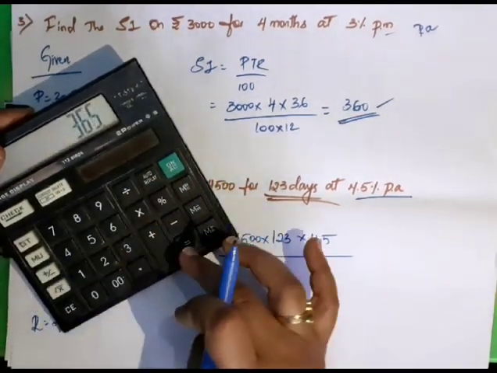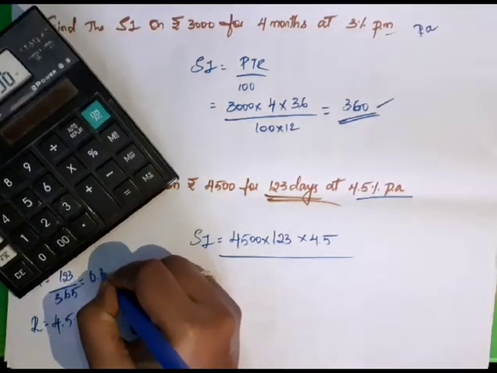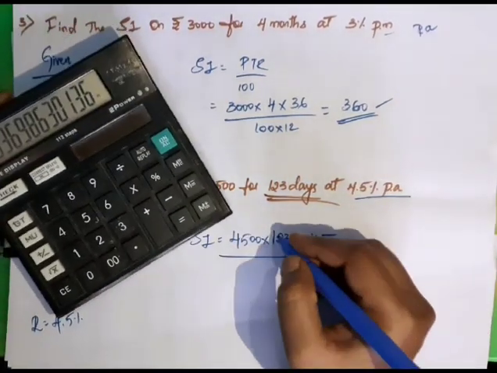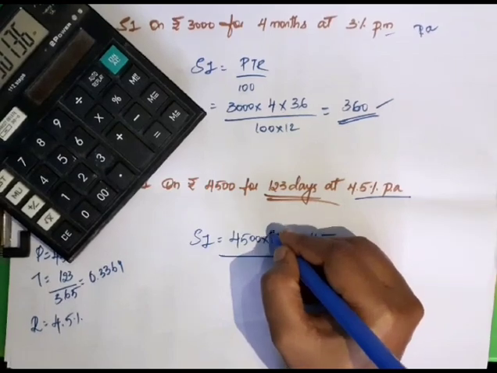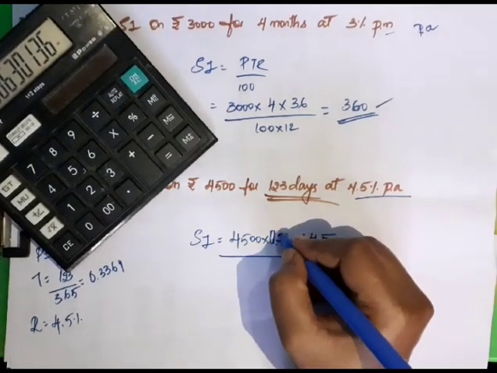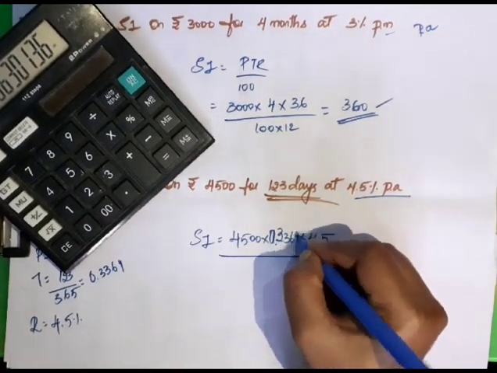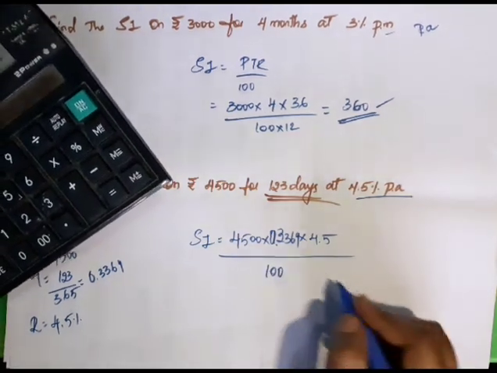123 by 365, you will get 0.3369. After the decimal, consider 4 numbers. 0.3369, divided by 100 you take.